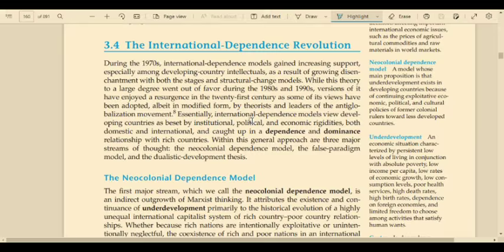Okay, so I have opened the very section from the readings itself, so we can highlight the main content from the book itself.